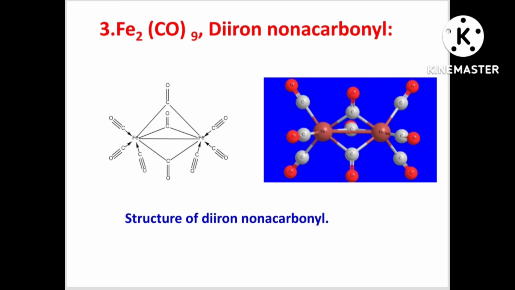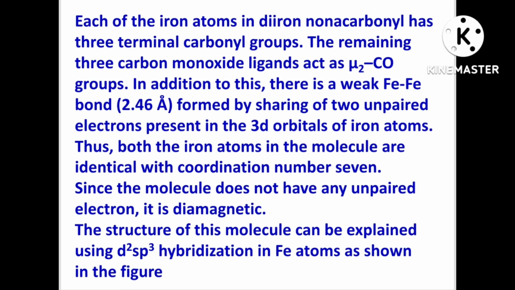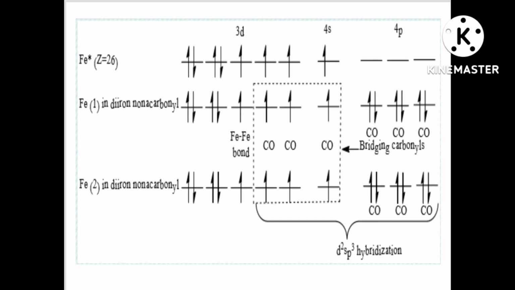Now we discuss the structure of diiron nonacarbonyl. In this compound, 2 iron atoms and 9 carbon monoxide molecules are present. Out of these 9, 3 are engaged in joining the 2 iron atoms. These 3 carbon monoxide molecules are known as the bridged ligands, and the other 6 carbon monoxide molecules are linked with only one iron atom, each iron atom being linked with 3 carbon monoxide molecules.